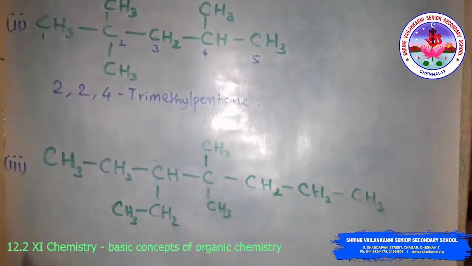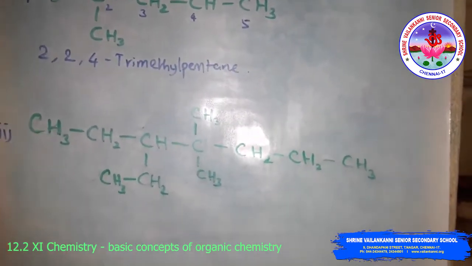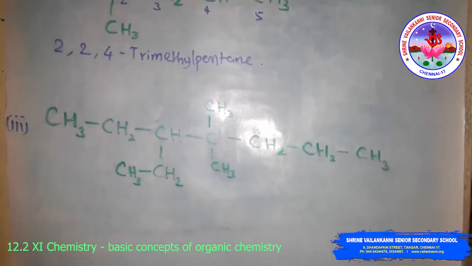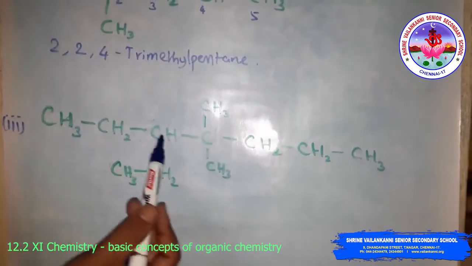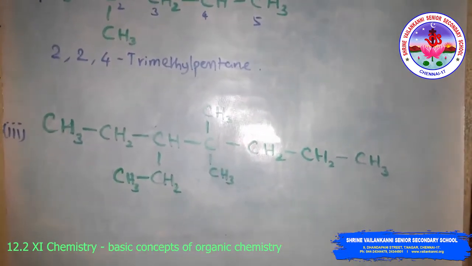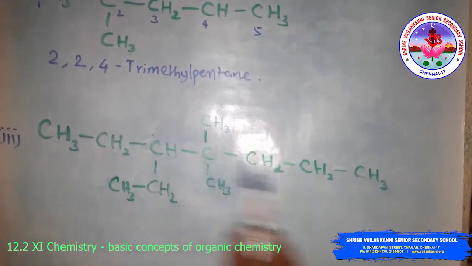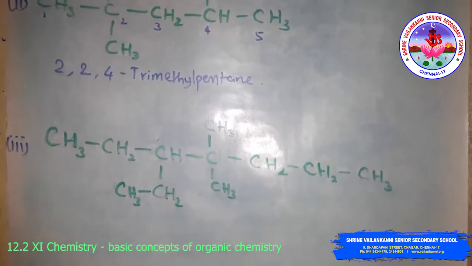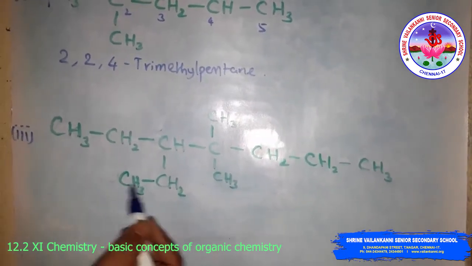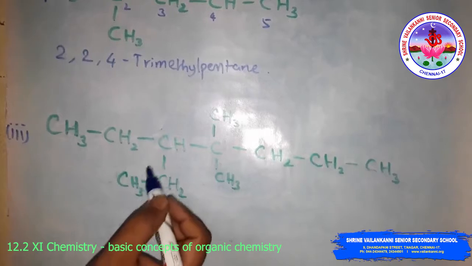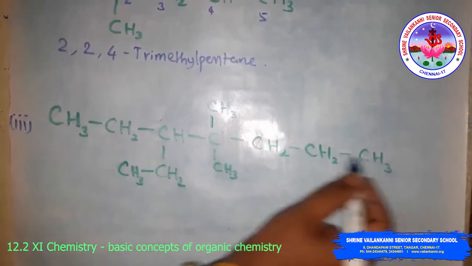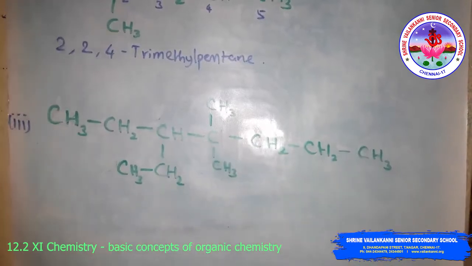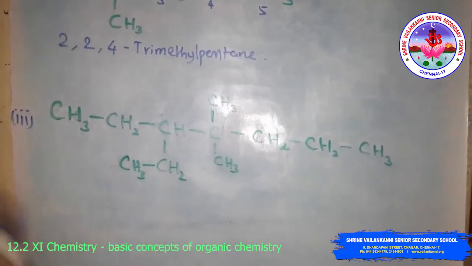then look at this compound. Here again you have to choose the lowest sum rule, longest chain. 1 2 3 4 5 6 7, so 7 carbon atoms are present here. Or you can choose it like this, 1 2 3 4 5 6 7. This way is also correct, and this way is also correct. You can choose any one.